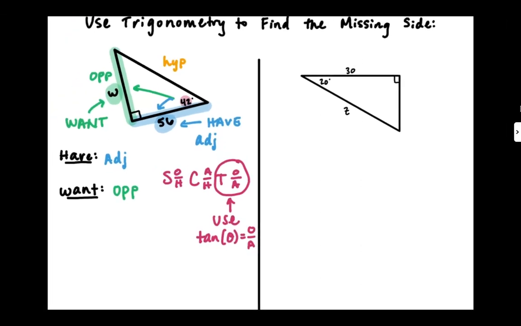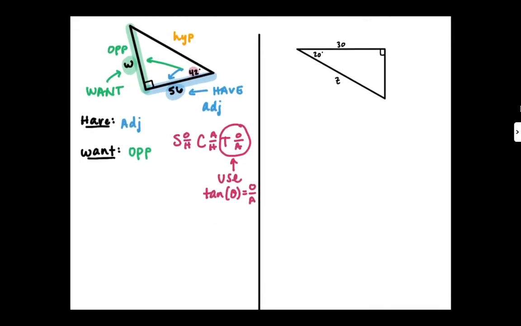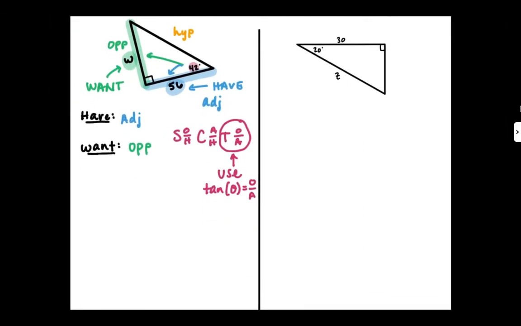All right, so I'm going to zoom out so we can still see the triangle when we write our equation. Once we've identified our trig ratio, we want to write an equation. So our equation is going to involve tangent, so we're going to start with tangent.